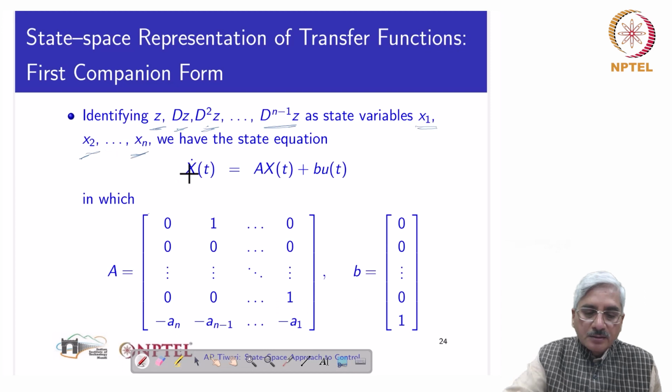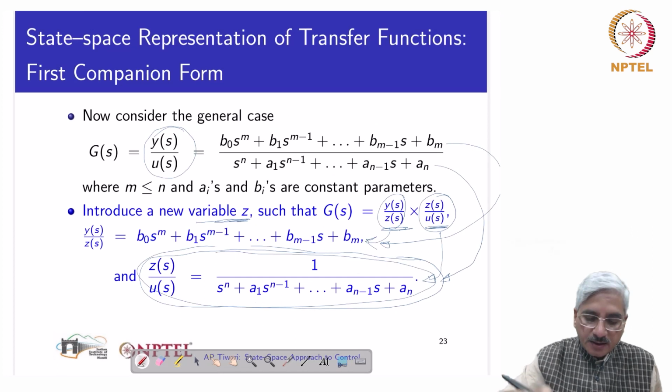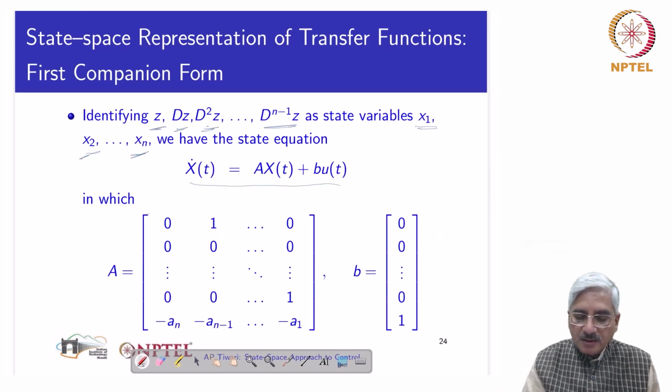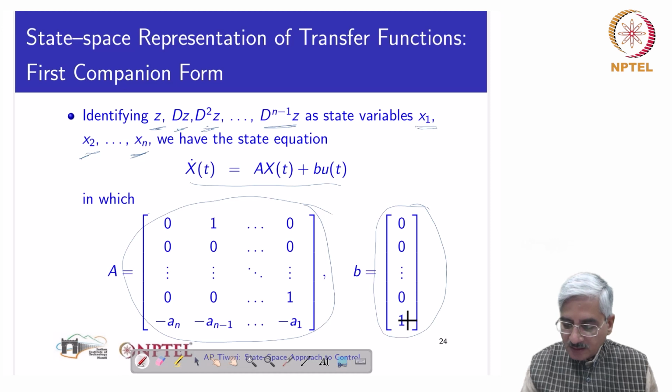This polynomial can be expressed in the standard state space form, where A will be the first companion form matrix and B will be the corresponding input matrix, with the difference that in place of k we have a 1 here.